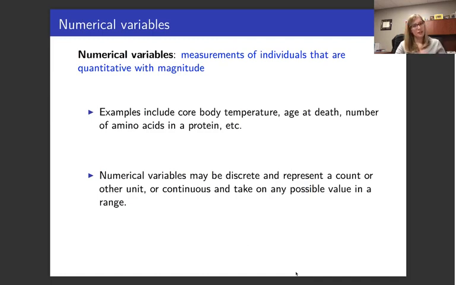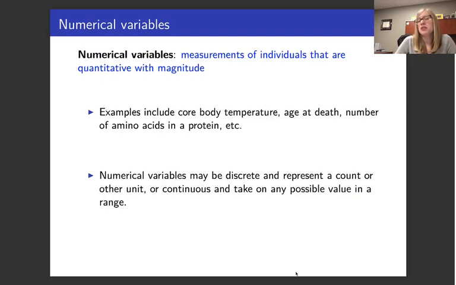On the other hand, numerical variables can be measured numerically. So these are measurements of individuals that are quantitative. They take on numbers. The numbers have magnitude. There's a relationship between the numbers. So a classic example of a variable that takes numerical values but is not numerical is Social Security number. Social Security numbers are made up of 9 numerical digits. It doesn't make sense to do any mathematical operations on them.